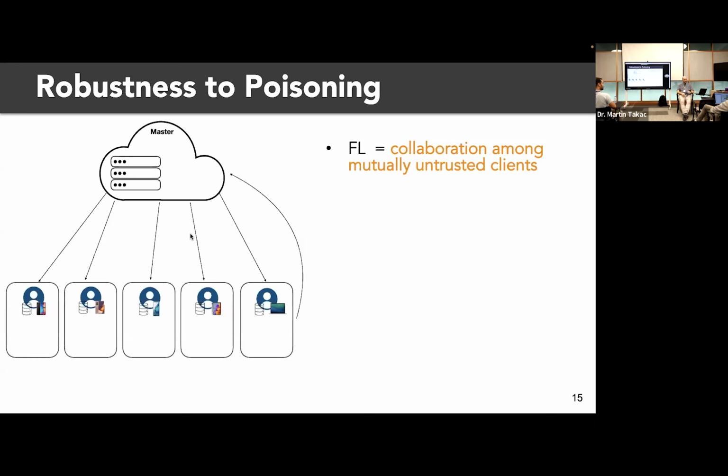Actually, one of the biggest issues in FL is robustness to poisoning. What does it mean? Let's say we are running the hospitals and we want to collaborate. What if someone wants to hurt us? Think about this one.